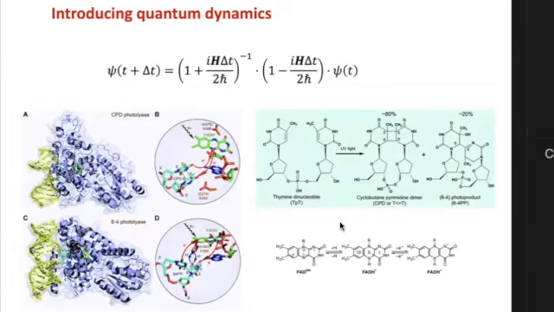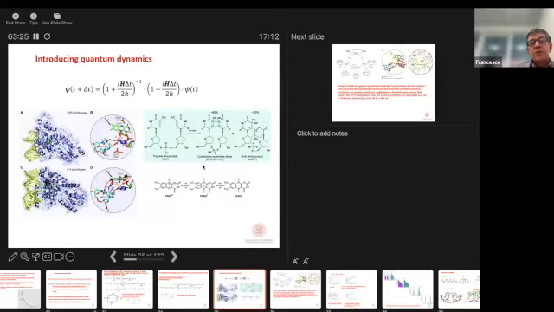You know DNA, you know that DNA can get damaged, and it can get damaged by light. And what happens is that two DNA bases, thymine bases, react with one another, and they form a four-membered ring. And of course, this is no good because it may lead to cancer.